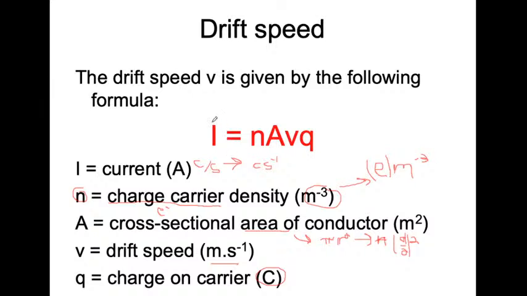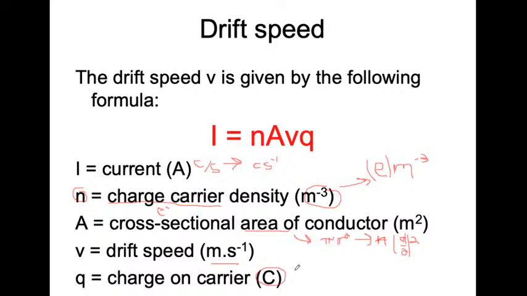So we have coulombs times seconds to the -1 on the left. Here we have number of electrons per meter cubed times meter squared. So we're canceling out all of our meters but 1. Then we have meters per second, so we cancel out our last meter, and we have electrons per second, and then we're getting coulombs.